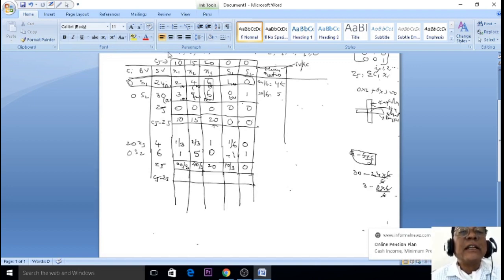Here is a 10. 10 minus 20 by 3. Take LCM 3: 30 minus 20, so 10 by 3. Like the 15 minus 40 by 3, that is 5 by 3. Okay, 0, same thing, minus 10 by 3, 0.